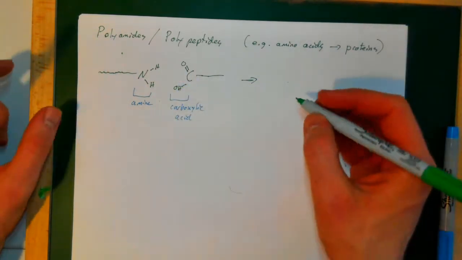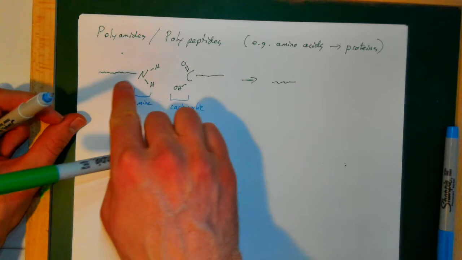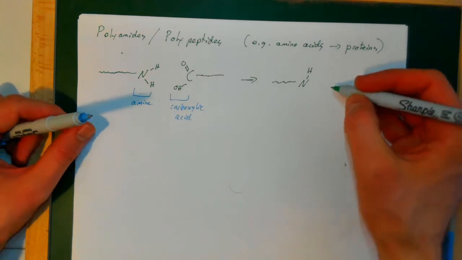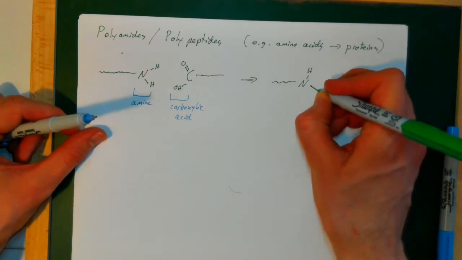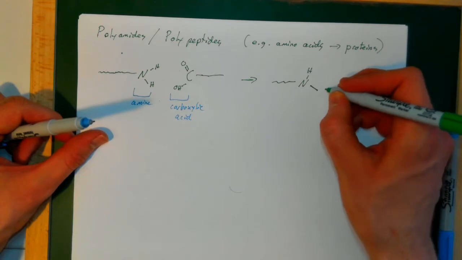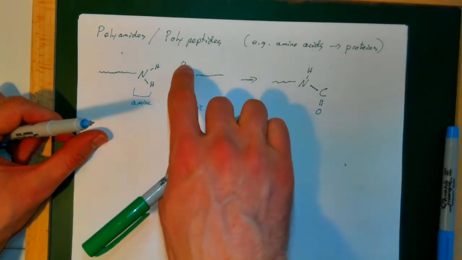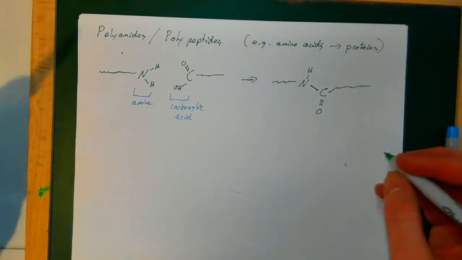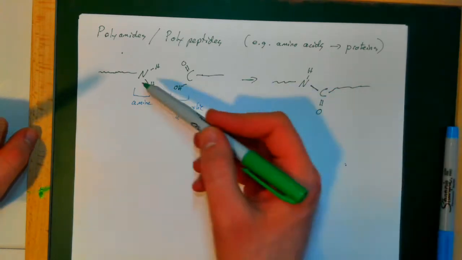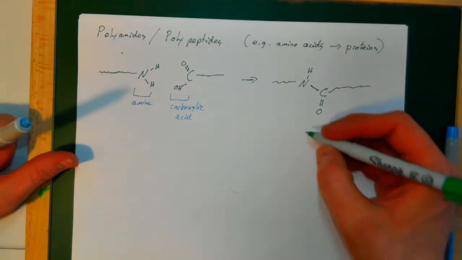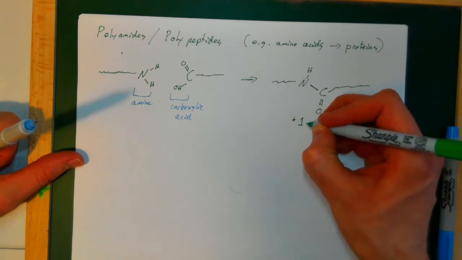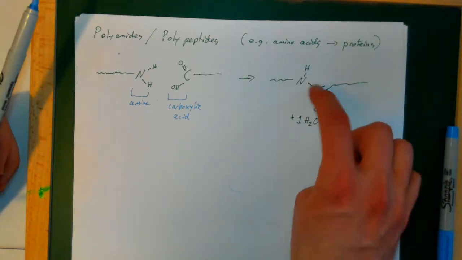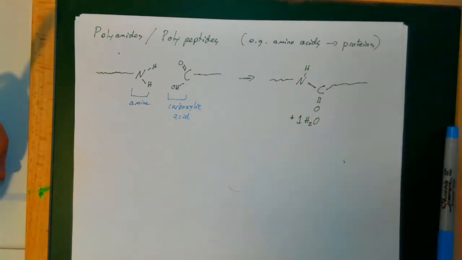So we have whatever was growing over here, and an N and H. An H and an OH react with one another, leaving a covalent bond to the carbon. There's still this double bonded O along for the ride, and whatever is going on here. And of course, if you count up all the atoms here and all the atoms here, you'll realize you're missing an H2O. So there's plus one H2O that's kicked off in this reaction. And basically, this is the way that amino acids are synthesized into proteins.